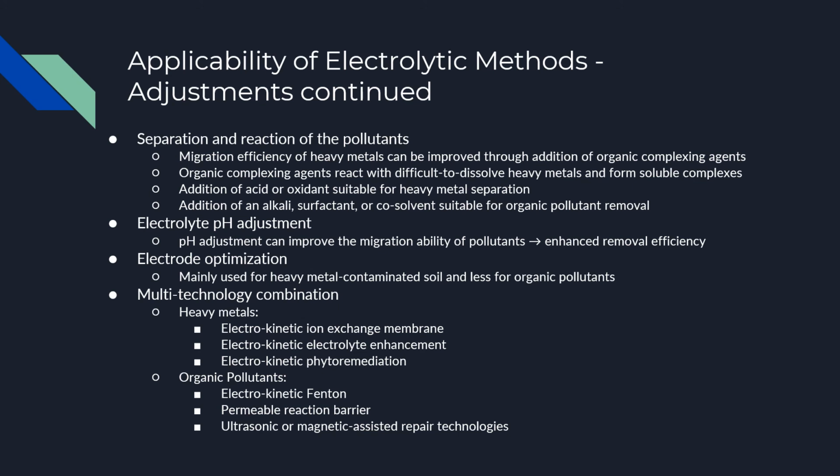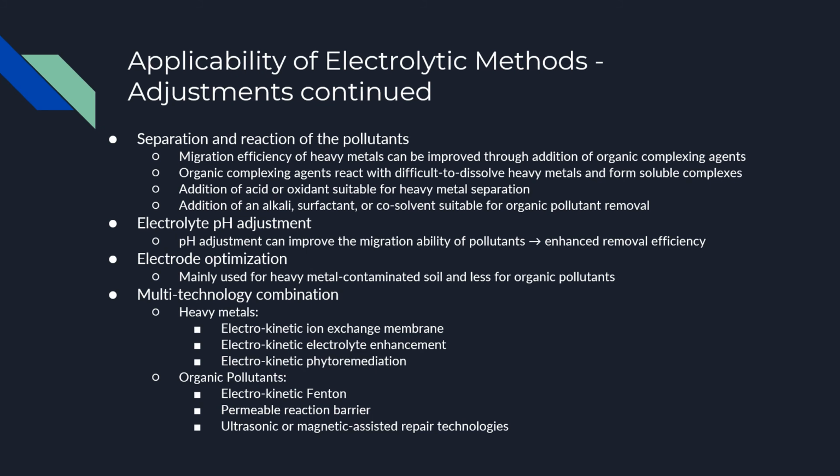Looking at the separation and reaction of the pollutants, the migration efficiency of heavy metals can be improved through the addition of organic complexing agents. These organic complexing agents will react with the difficult to dissolve heavy metals and form soluble complexes, which is required in the electrokinetic remediation process.